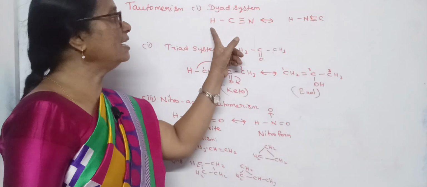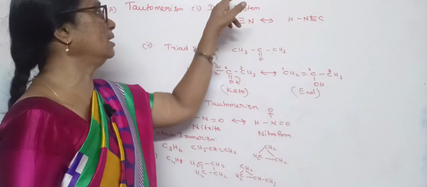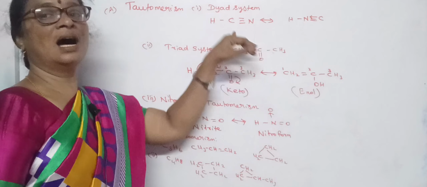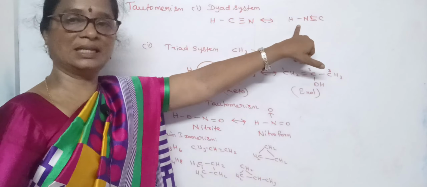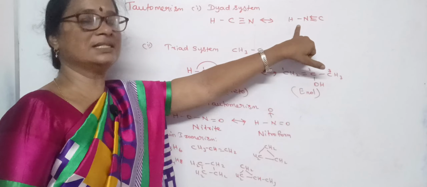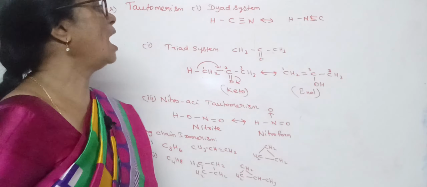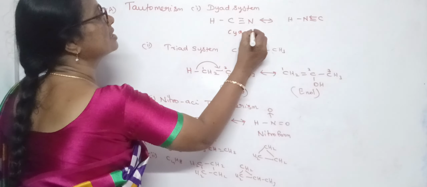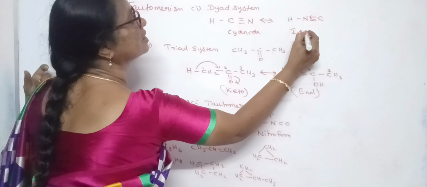So when hydrogen oscillates between two atoms, that is said to be a dyad system. Hydrogen oscillates either to the carbon or to the nitrogen. This is explained for the dyad system, and the molecule is the cyanide structure and the isocyanide structure.